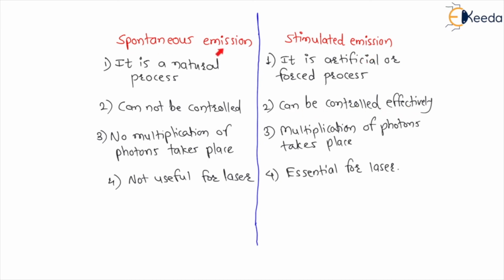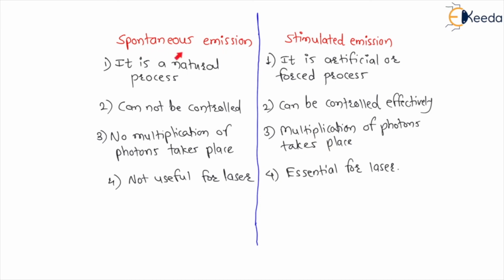In case of spontaneous emission, whatever energy is released, the same amount of energy photon is traveling outward, that is emission. Therefore no multiplication of photons takes place. But in case of stimulated emission, if I provide one photon energy to the atom, there will be a two photon emission. If I provide two, there will be four emissions, meaning multiplication of photons takes place.